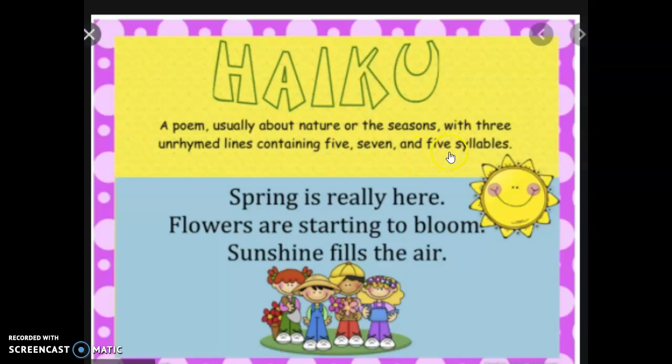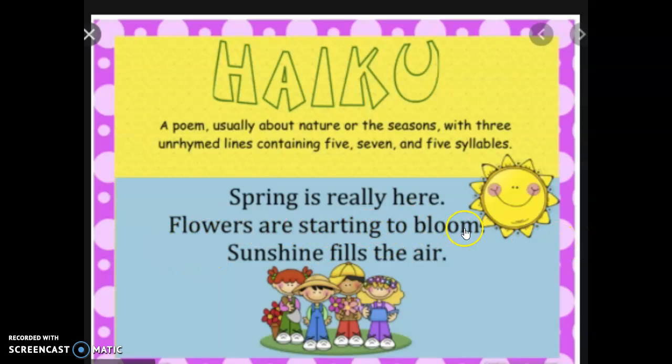Now when I say that they have lines that contain 5, 7, and 5 syllables, this is what I mean. 5 syllables. Spring is really here. So if you were to put your hand under your chin, and as you say each word, you count the number of times that your hand drops under your chin, that is a clue that you have just used another syllable. So there are 5 here. Flowers are starting to bloom.